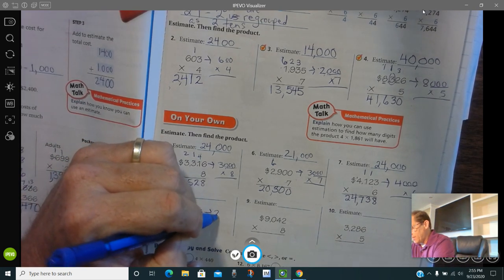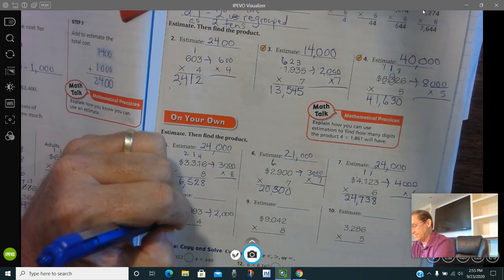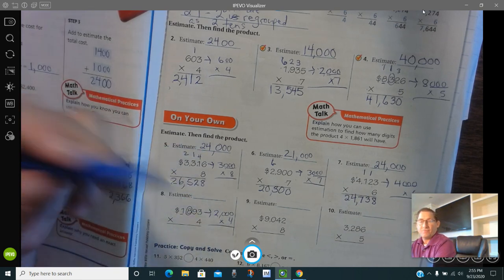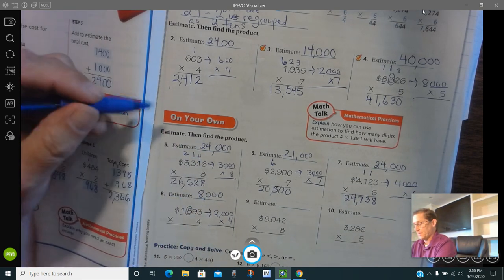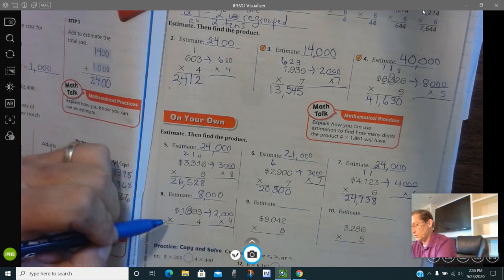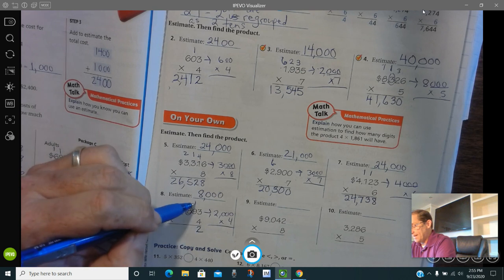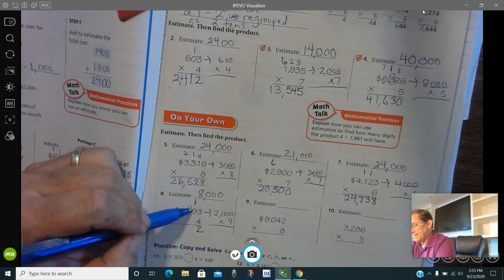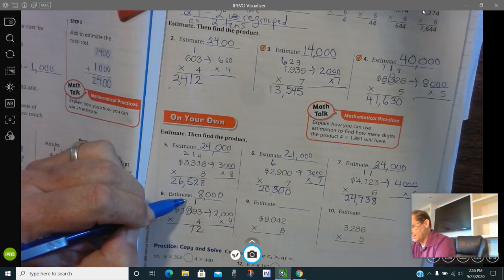1,893, I'm going to round that to 2,000. So the nearest 1,000 would be 2,000 times 4. Okay, 4 sets of 2,000 is 8,000. The actual answer, 4 sets of 3 ones is 12 ones. Regroup 10 of those 12 ones as 1 ten and 2 ones. 4 times 9 tens is 36, plus 1 more ten is 37 tens.